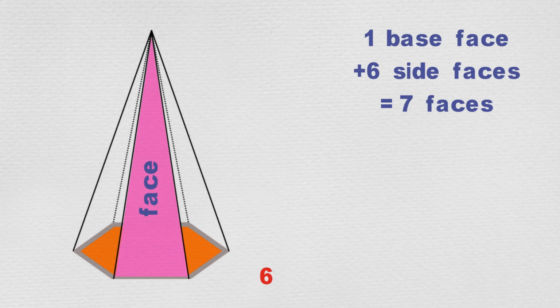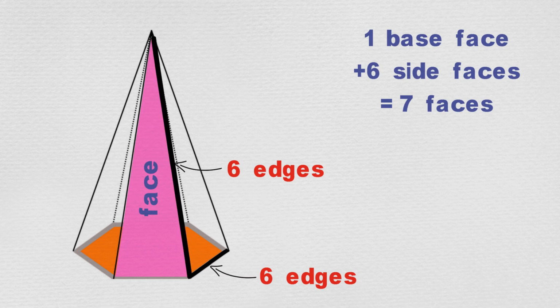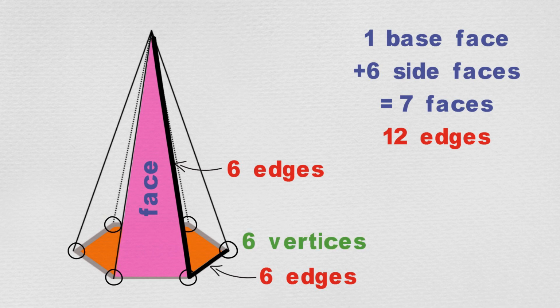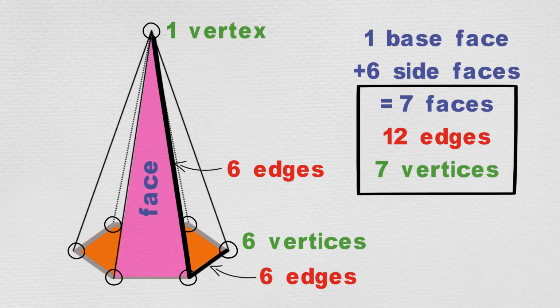There are 6 edges around the hexagonal base, plus another 6 edges between the 6 triangular side faces, making 12 edges altogether. There are 6 vertices around the hexagonal base, plus the one vertex at the apex of the pyramid, making a total of 7 vertices.